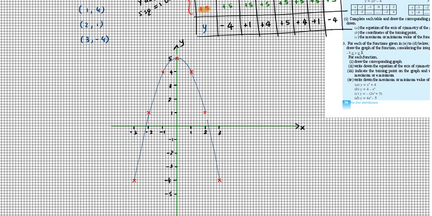Okay, so that's what we have over here, children, something like this. So this is the graph. Please make sure you draw it neatly.